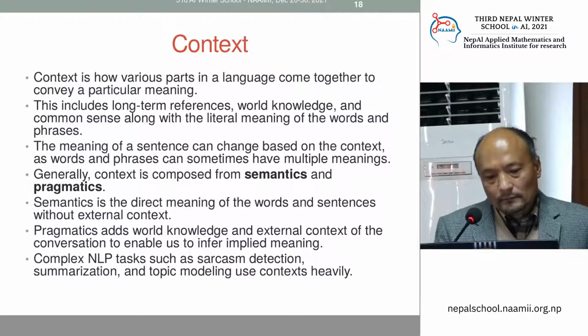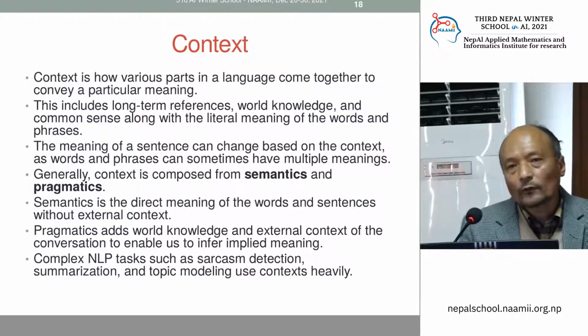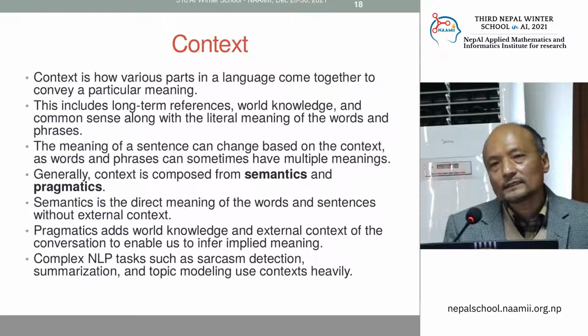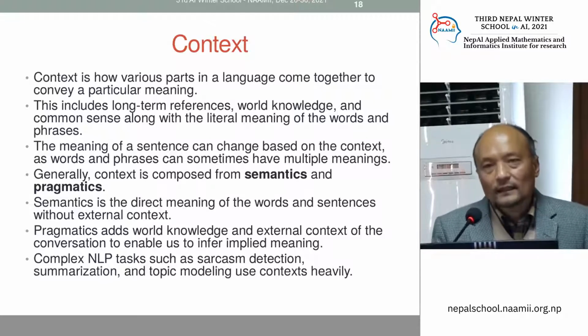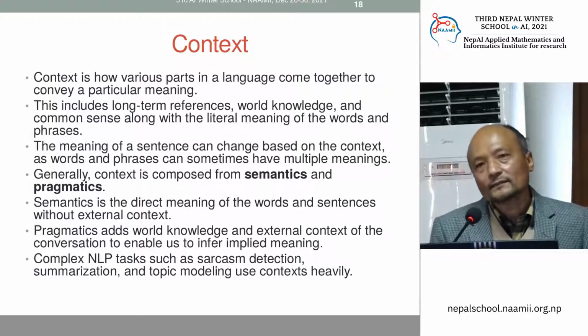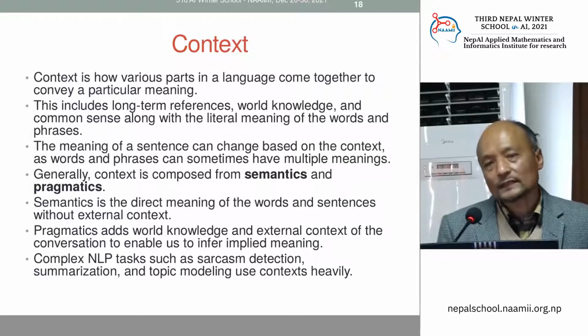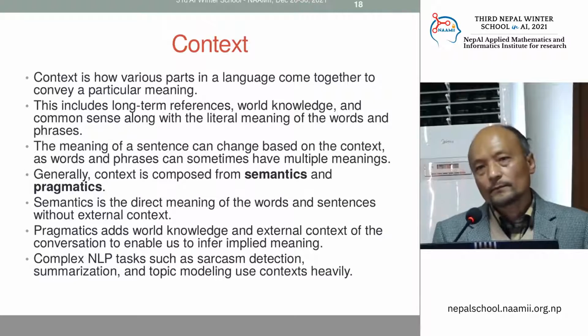So we started with the phoneme level analysis, followed by morphemes, that's the word level analysis, and then we moved up to syntax, then to semantics, and the next level is pragmatics, which deals with the context. And then we have discourse, which deals with analyzing text at the document level or above, right.